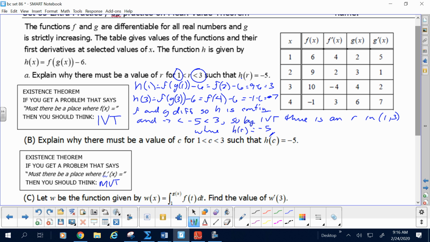Check the conditions for the use. Is h continuous on 1 to 3 and differentiable on 1 to 3 open? I'm going to say yes, because f and g are differentiable.